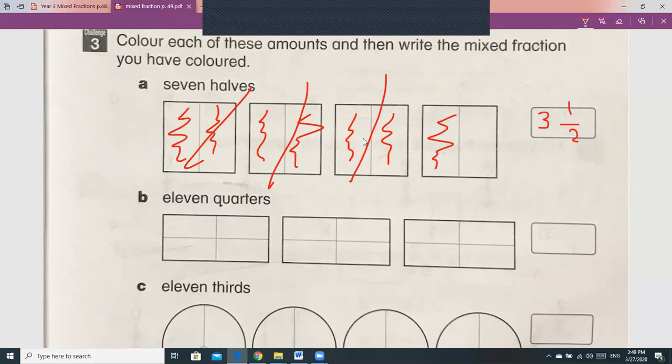So I colored 3 whole parts and a half. 3 and a half. Remember, the last one, when I didn't color it all, it's a fraction. When I color it all, it's a whole number. I colored all of this, all of this, and all of this. So it's 3. And the last one, I colored as a fraction. I didn't color it all, so I have to write it as a fraction. Remember this. So it's 3 and a half.